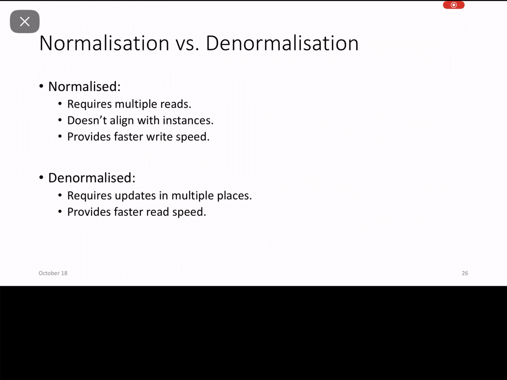These are the differences between normalization and denormalization. With normalization, you need to do multiple reads, and it provides faster write speed. Writing, not reading. With denormalization, it requires updates in multiple places, but it provides fast read speed because it's just one place.